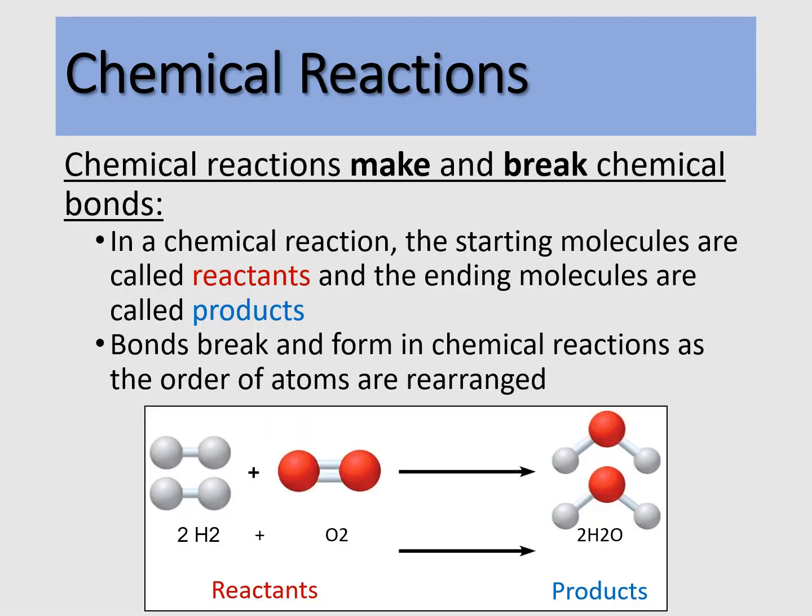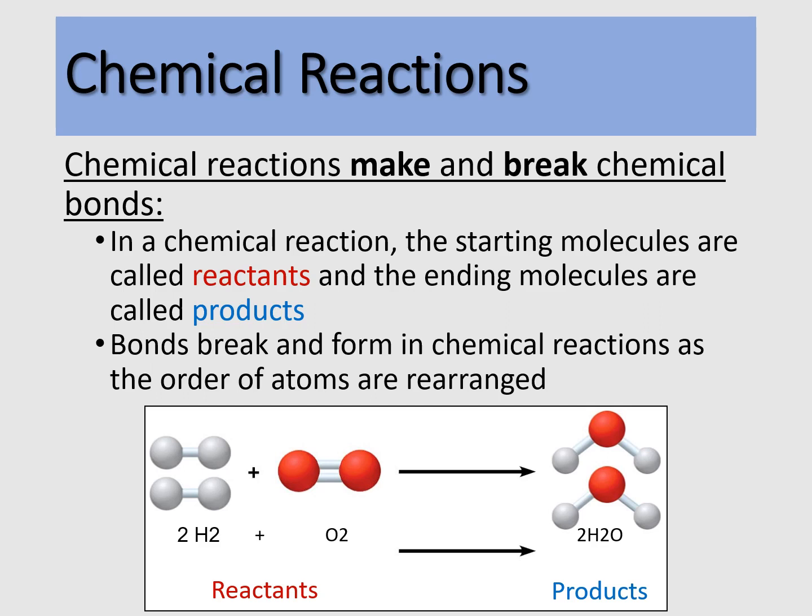So now that we know a little bit about chemical bonds and how atoms interact, we can talk about chemical reactions. So chemical reactions happen when we make and break chemical bonds. Okay, so in a chemical reaction, there's going to be starting molecules, which are called reactants, and then they're going to form different molecules called products.